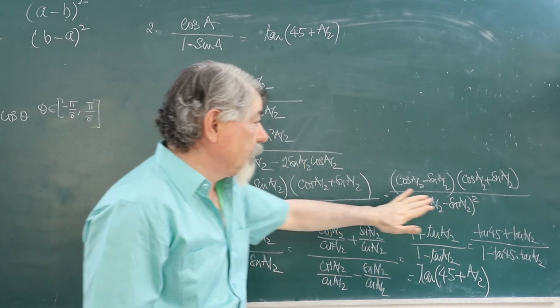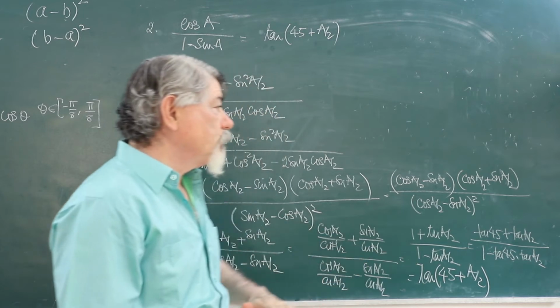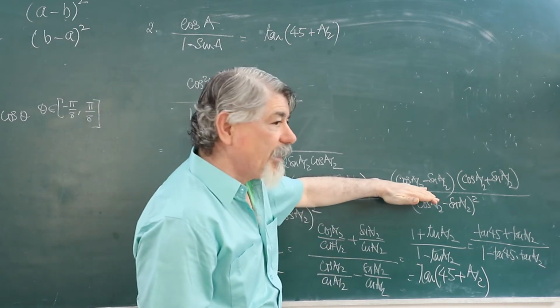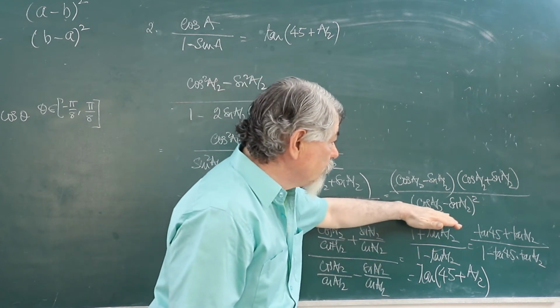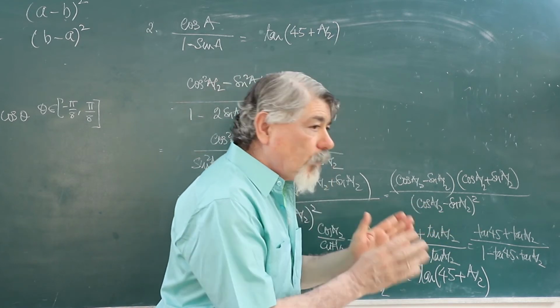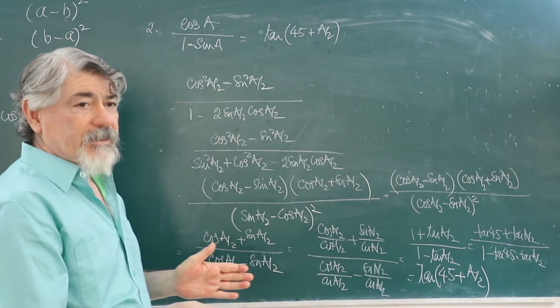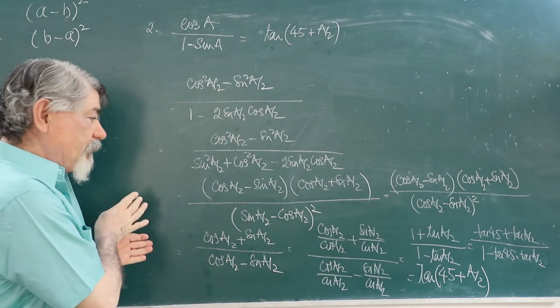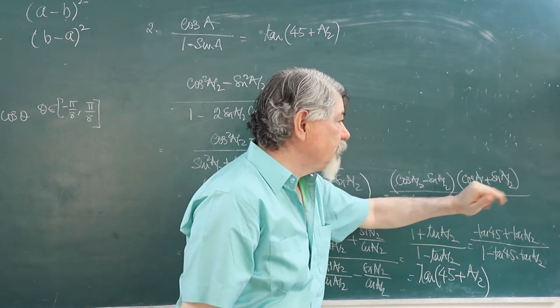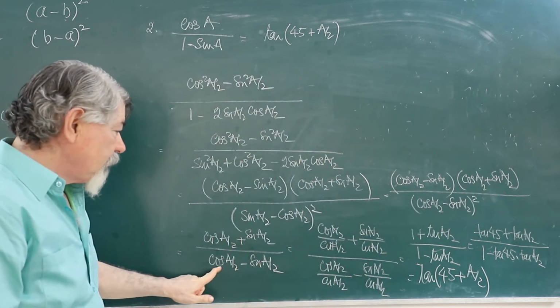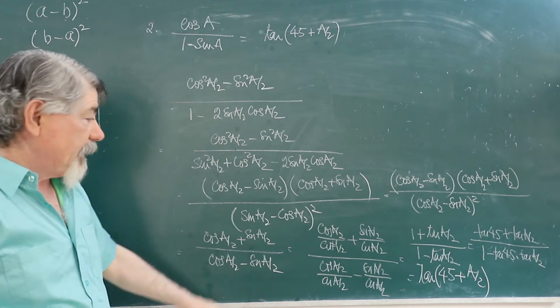Why did we do this? Because in the numerator I had a factor cos a/2 minus sin a/2, and here also I get one of the factors as cos a/2 minus sin a/2, so I am able to cancel that. I am left with cos a/2 plus sin a/2 upon cos a/2 minus sin a/2.